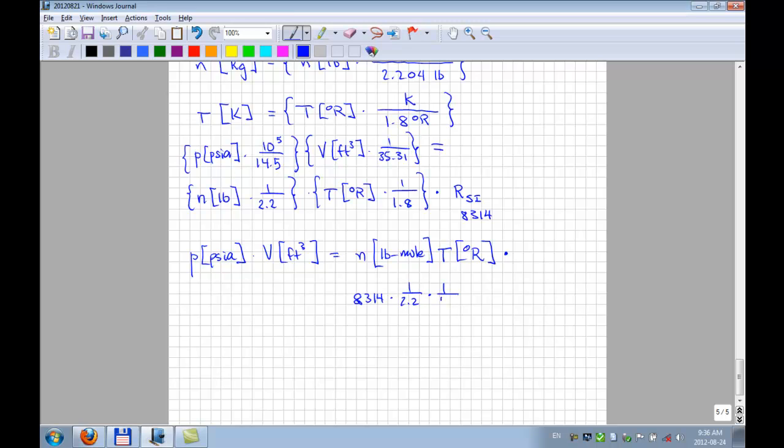We've got the 1 over the 1.8. And we move from the left side of the equation up here 14.5 divided by 10 to the 5th. And we bring the 35.31 term here. And this entire term here will then represent our gas constant for field units. And that value is basically 10.73.